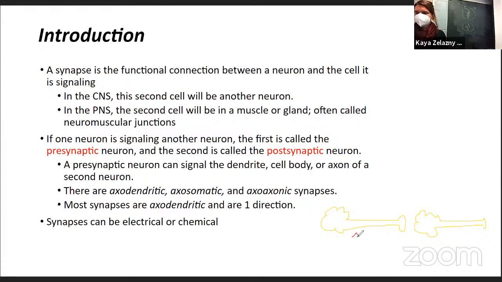So pre means before. So the one that is before the synapse is that first one. So like neuron number 1 is our presynaptic. And then neuron number 2, the next one, that's our postsynaptic neuron.